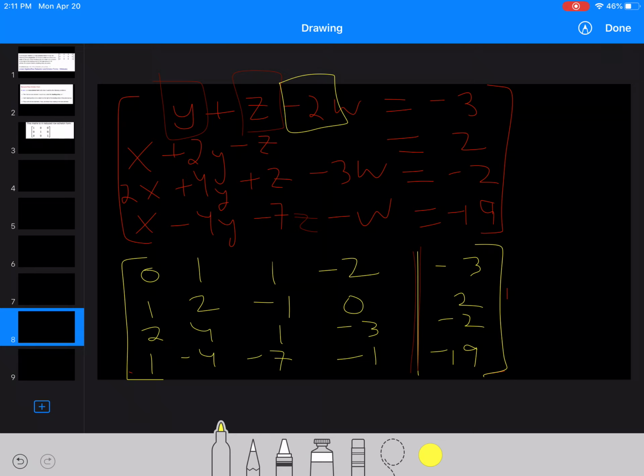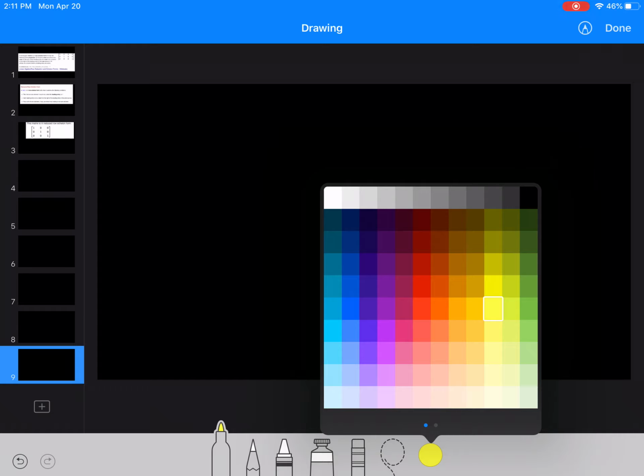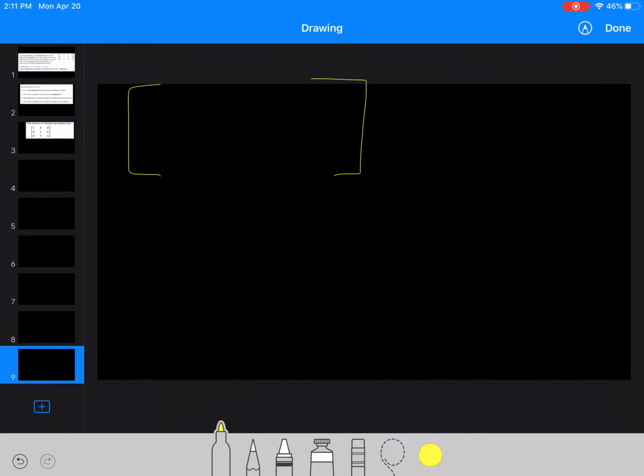All right, so let's get this yellow matrix into the correct format we need. So I have 0, 1, 1, -2, -3 here, 1, 2, -1, 0, 2, it's -2, -19.